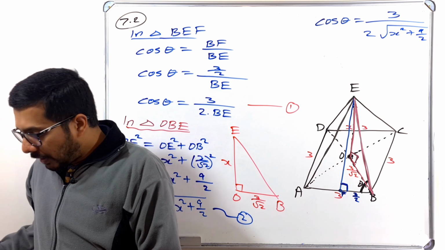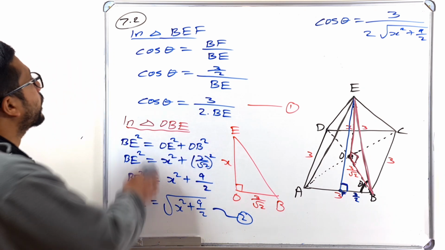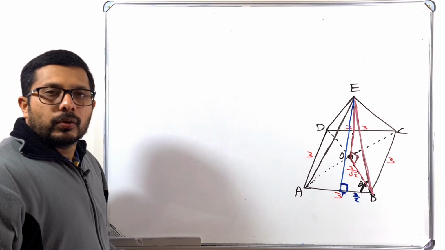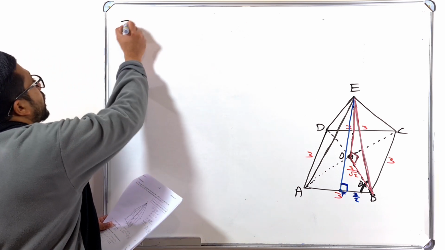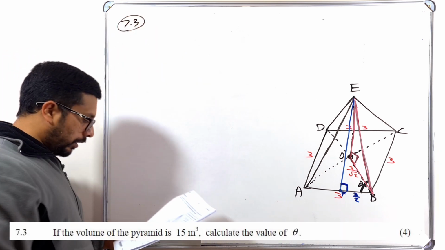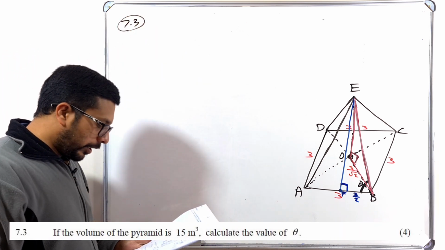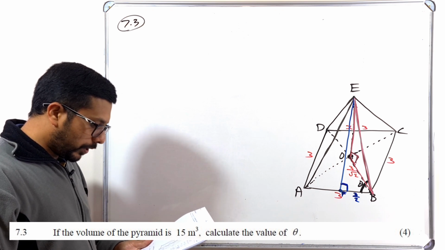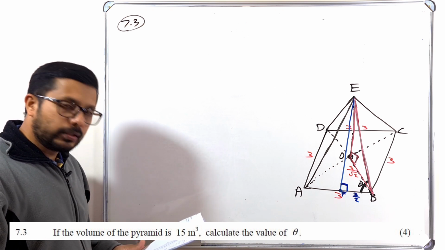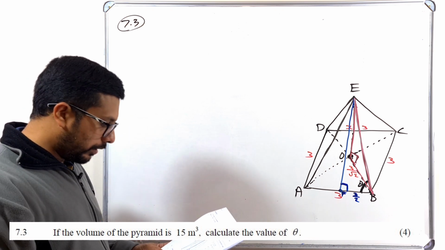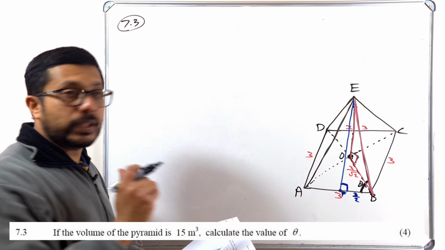Now let's go to the last question, 7.3. What is that question? If the volume of the pyramid is 15 meter cube, calculate the value of theta. Okay, so before that, we know cos theta.